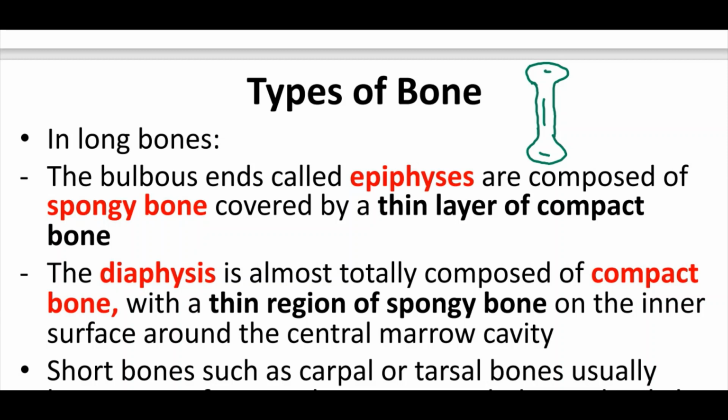These bulges are what we call epiphyses, and the middle ones, the shafts, are what we call diaphyses. This is epiphysis. Between the epiphysis and the diaphysis here, you've got the metaphysis.